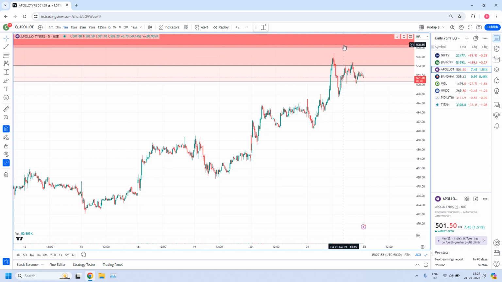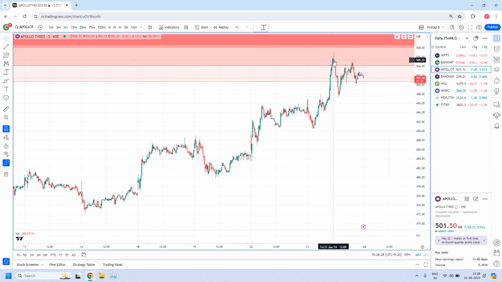How much buffer can you add? 0.01% buffer you can add. So hardly you can add 50 paisa. So 508.65 minus 50, how much? 508.15.